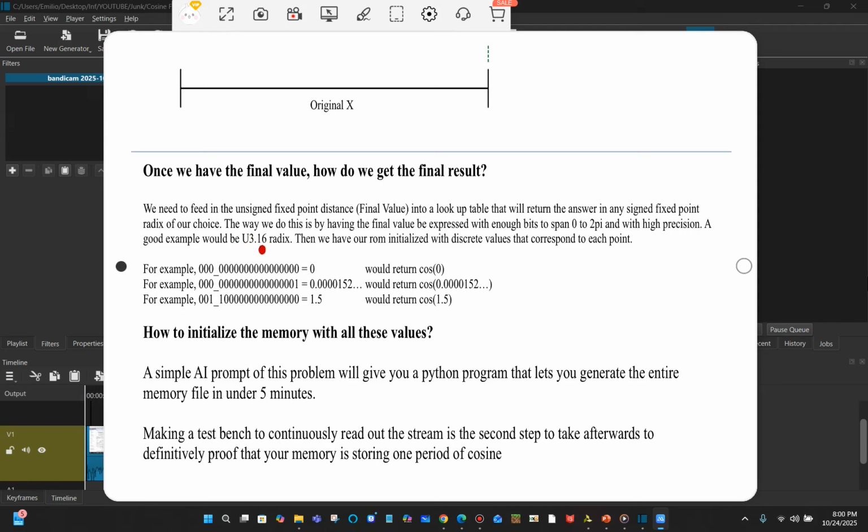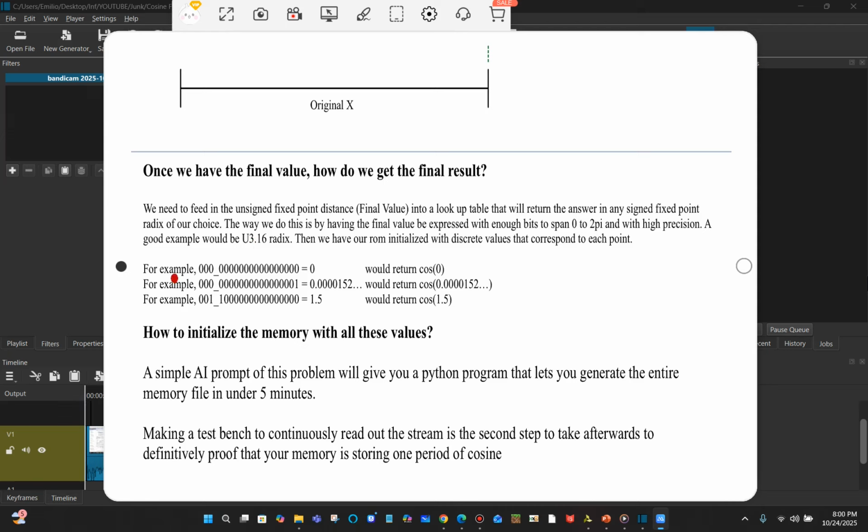Remember, unsigned with 3 bits means it can go up to 7. 2 pi is 6.28, so having 3 bits is enough. And then having 16 bits of fraction means that it will be as precise as possible.